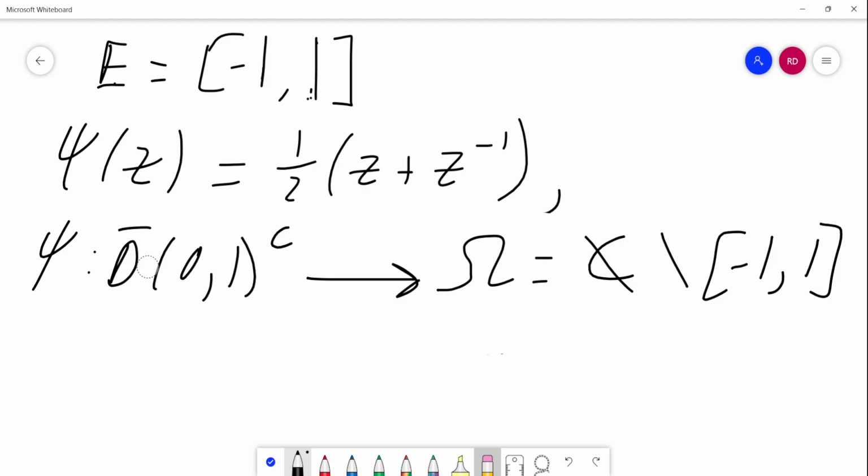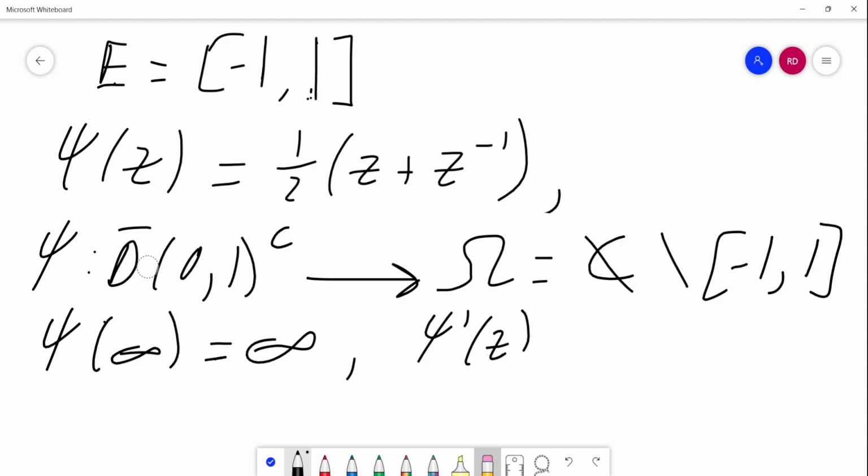Now what do we know about that? Well, psi of infinity will be infinity. We take z to infinity there, the z inverse disappears, so the z dominates and gives infinity. Psi, did I say phi? I meant to say psi. I get my Greek mixed up.